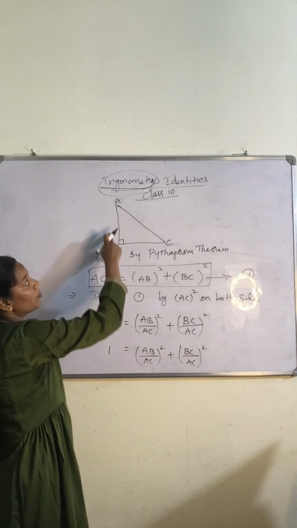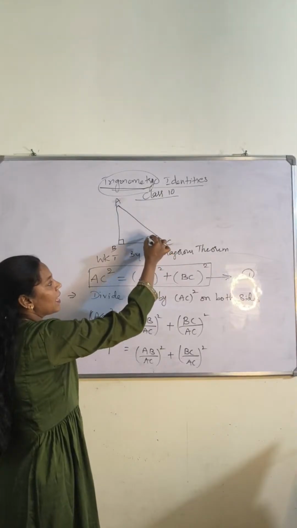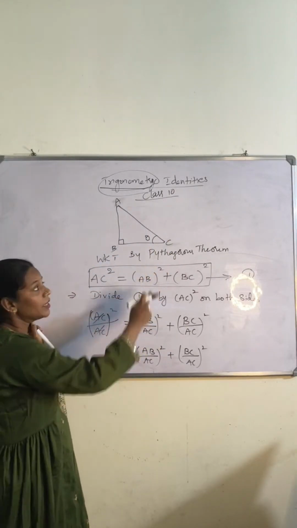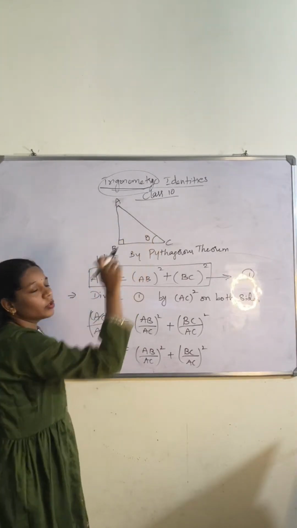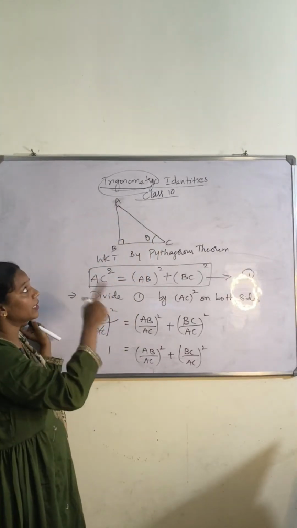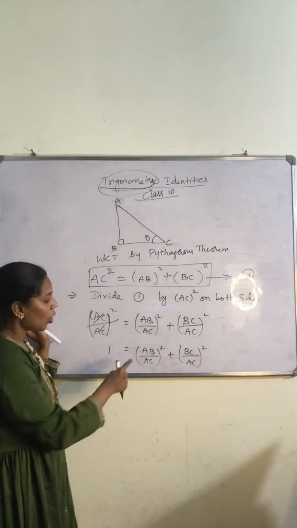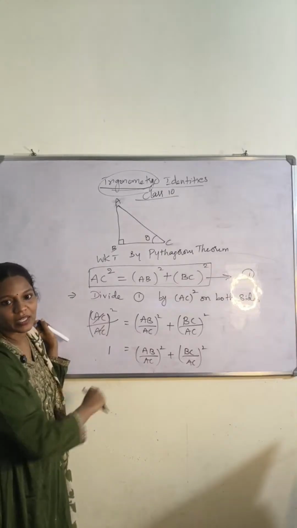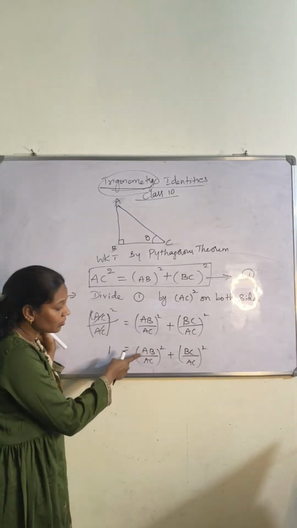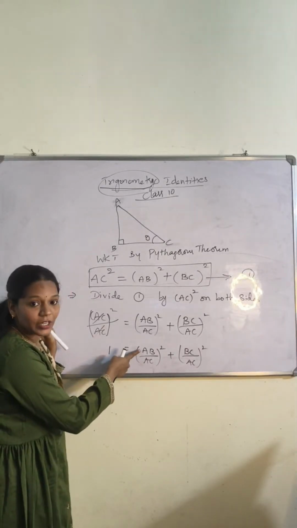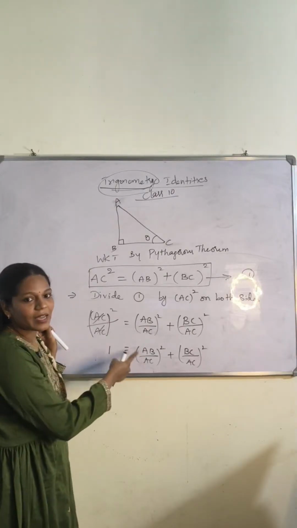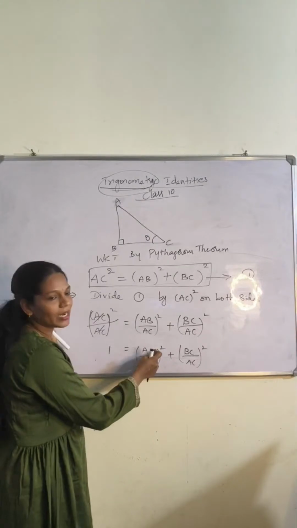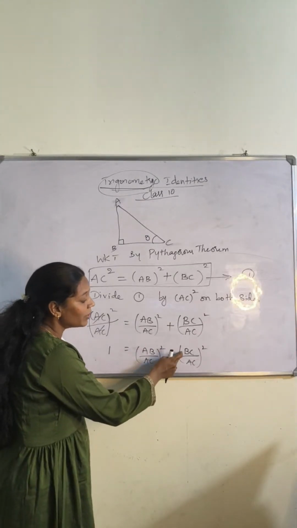ఏబి అనేది మీకు ఏమవుతుంది? If I consider this as my angle, AB is becoming what to the theta? With respect to theta, AB అనేది ఏమవుతుందంటే ఆపోజిట్ సైడ్ టు theta. AC అనేది ఏమవుతుంది? హైపోటెనస్ అవుతుంది. అండ్ we know the ratio ఆపోజిట్ సైడ్ టు theta by హైపోటెనస్ అనేది మనకి ఏంటి? sin theta. So that becomes sin square theta plus BC by AC.